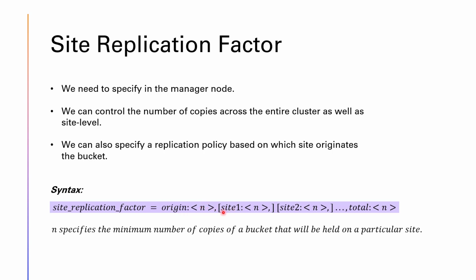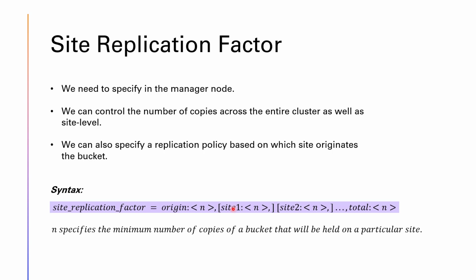And apart from that, we are not explicitly telling here which site needs to get how many copies. If you want to maintain the explicit definition, you need to go to something like the site one, which will be set when you are configuring the search peer.